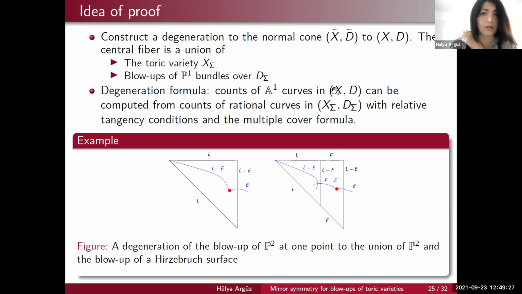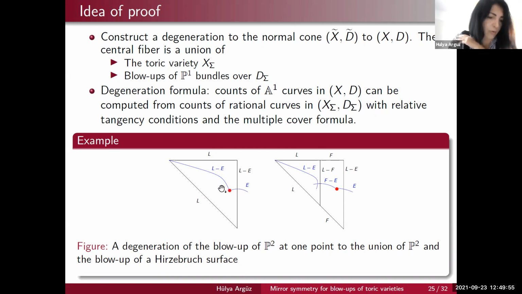I'm using a big analog of the degeneration formula, which is actually stated wrongly in some papers that I saw. Many people state the degeneration formula saying that if you degenerate and compute on your central fiber into two pieces, the relative invariants give you the Gromov-Witten invariants of the general fiber.